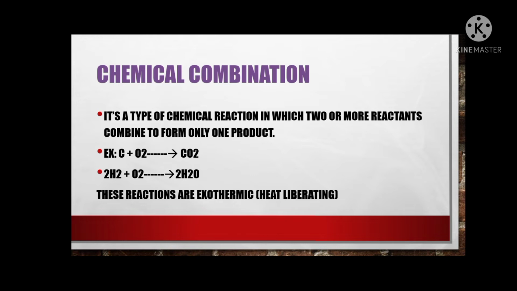Similarly, hydrogen combines with oxygen as reactants to produce a single compound, that is water. Generally, these combination reactions are exothermic reactions. That means they liberate heat into the surroundings during the chemical reaction.